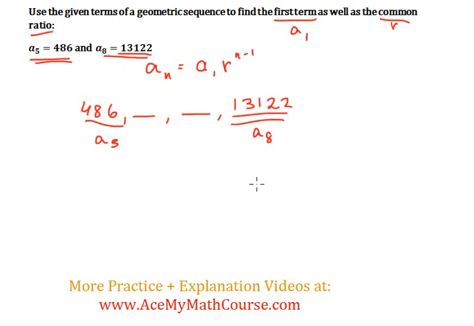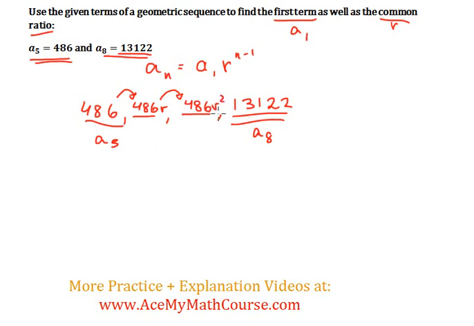Well, note one very important thing. To get to the sixth term from the fifth term, all we need to do is multiply it by r, right? So we get basically 486 times r, since this is a geometric sequence. To get to the seventh term from the sixth term, all we need to do is multiply it by r again.